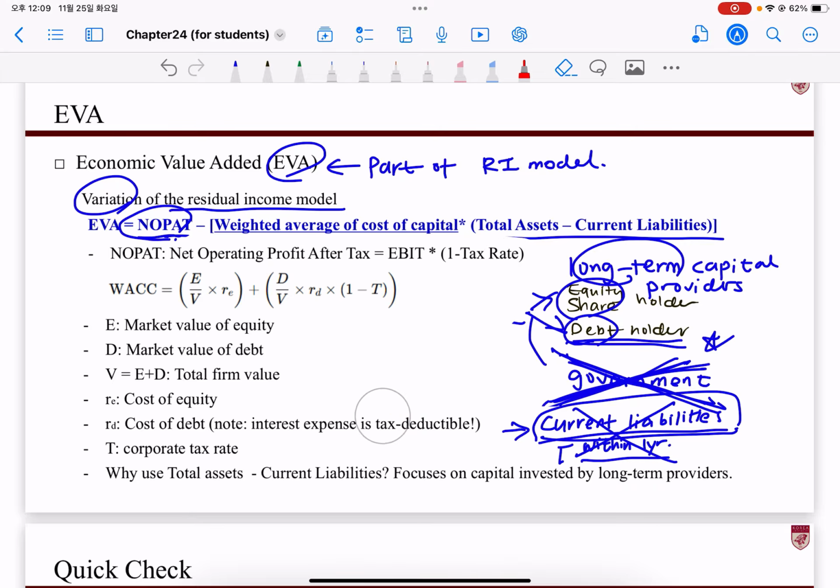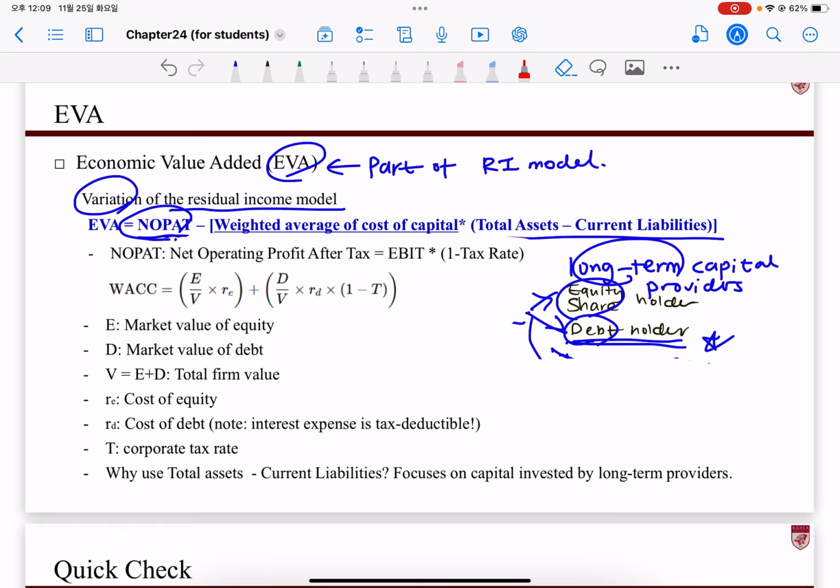And then how about for the asset part? So we're saying we only want to look at the assets that are for the long-term capital providers, right?